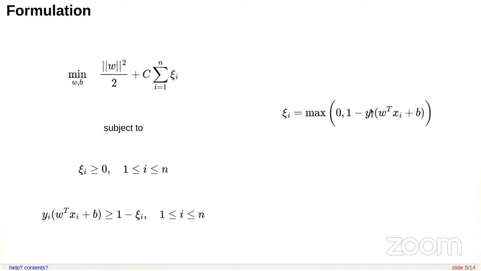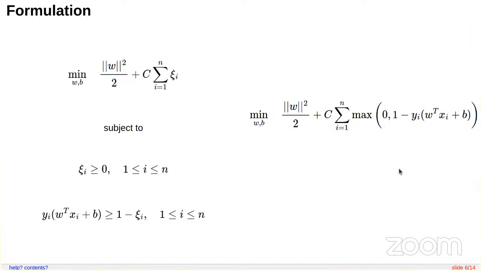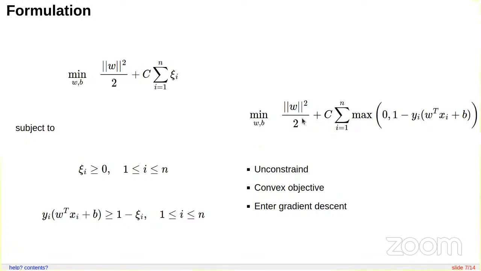For all other points, the error is going to be this, right? Okay, so what I do is I just substitute that xi into this objective function and make it an unconstrained optimization problem. This is also convex, and we can use gradient descent. But there's one problem. Do you all see what that problem is?